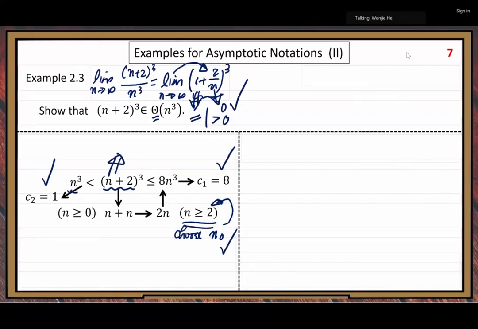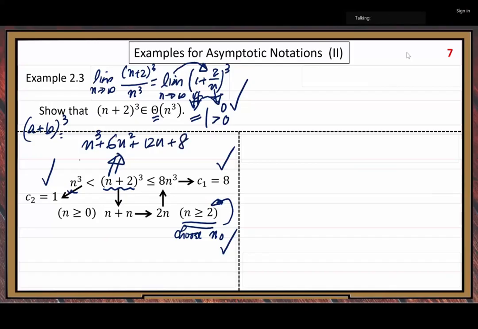For this one, the expansion is like this, because they can apply this formula: n cubed plus 6n squared plus 12n plus 8.